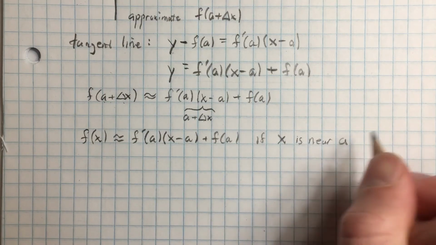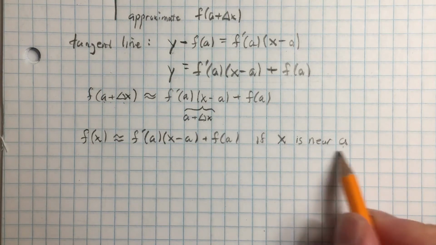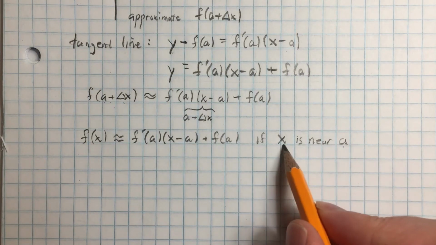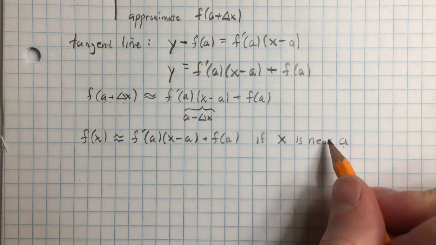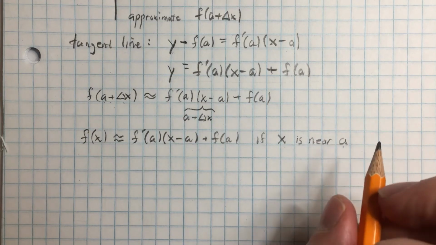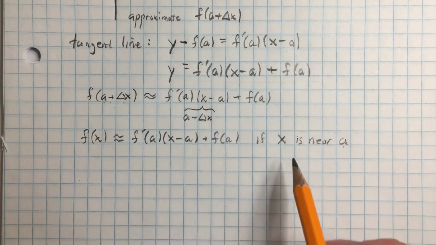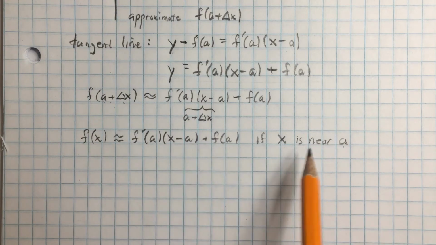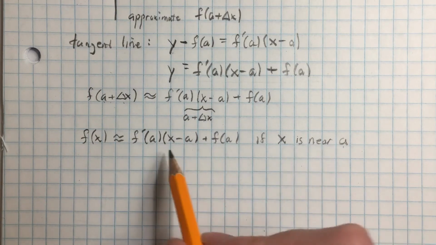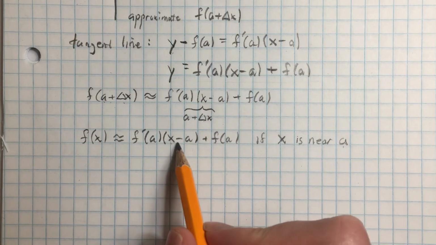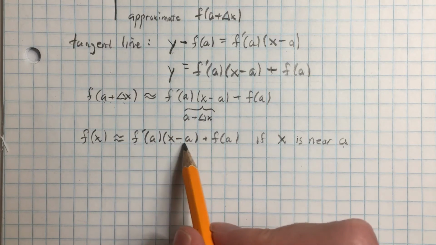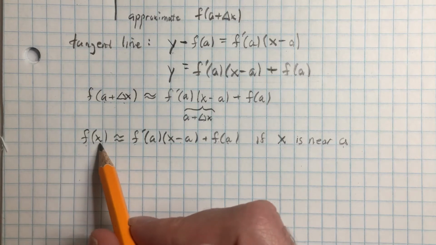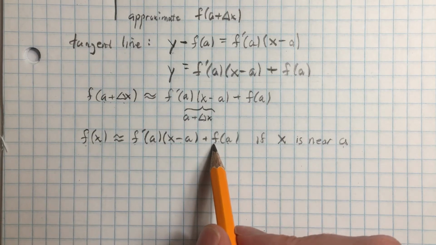That's all a plus delta x is trying to say, right? A plus some small value would really just be any x value near a. And of course, it'd be exactly the function value if x were a. If x is a itself, if you put a in here, this would go to 0. F prime of a times 0 is 0. I would just have f of a. So f of a would be exactly f of a.